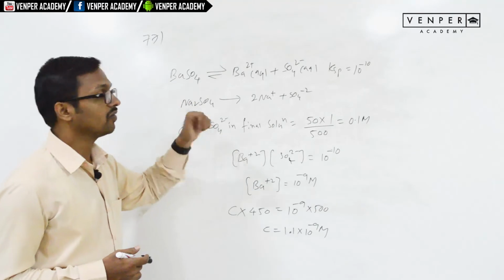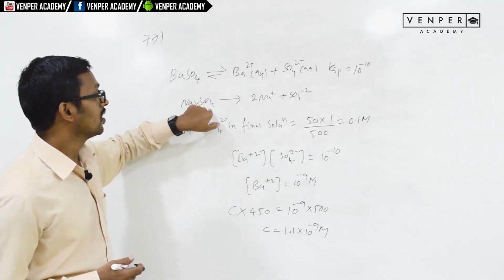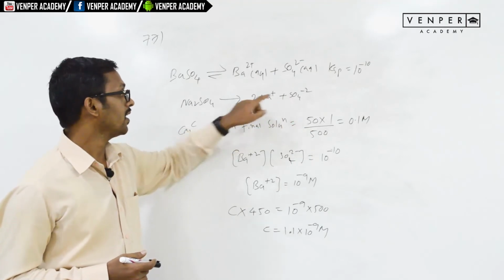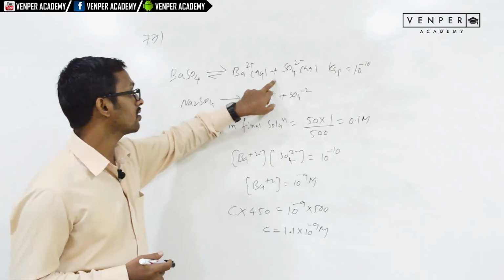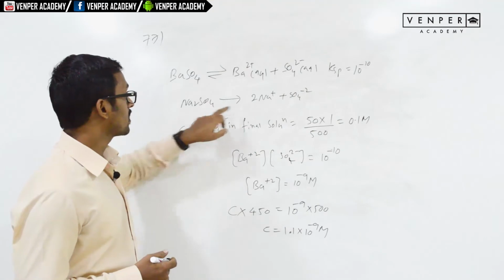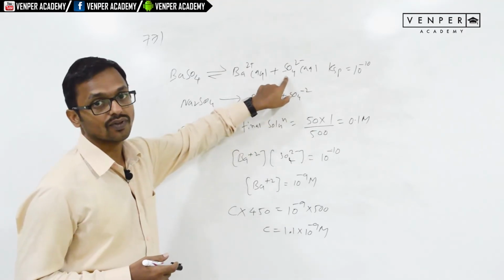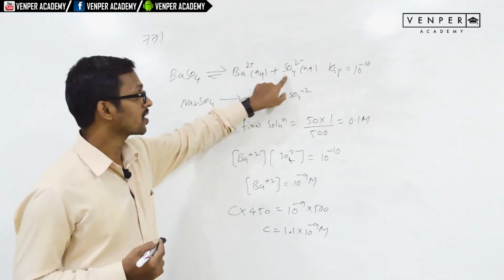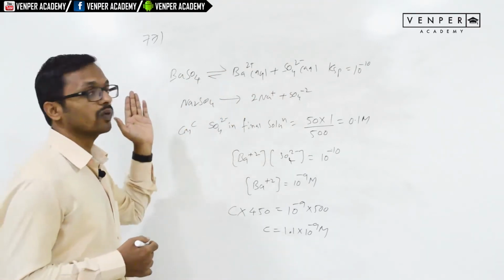That is what happens when we add Na2SO4. This is giving 2 Na+ and sulfate ion 2-. So we are adding this compound to this mixture. In that case, it is giving sulfate ions, that means we are increasing the sulfate ion concentration. According to Le Chatelier's principle, the reaction will go in the backward direction.